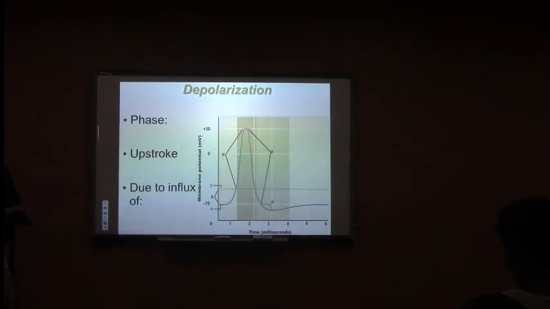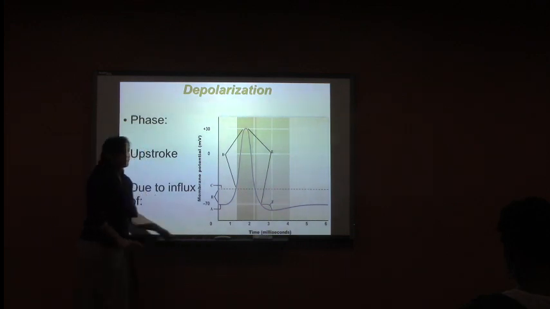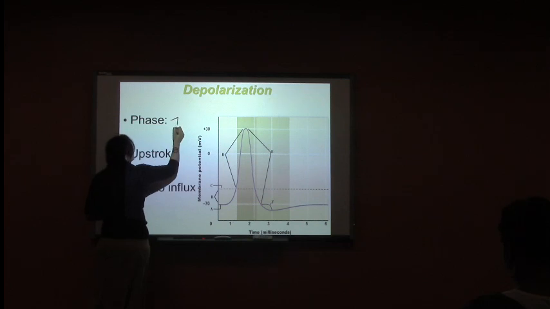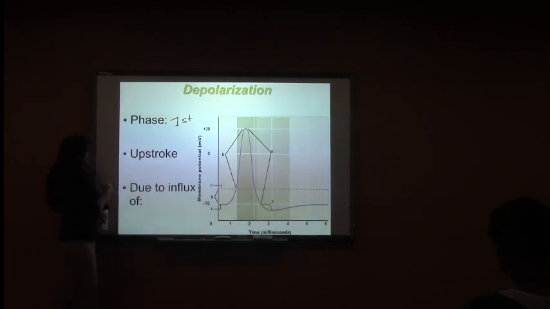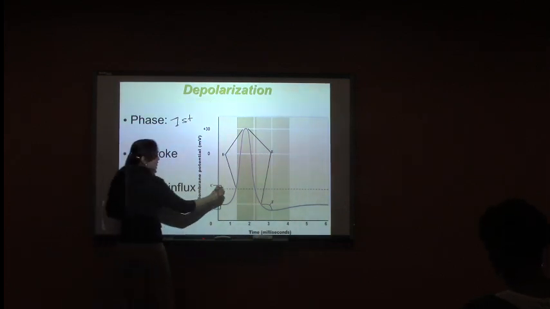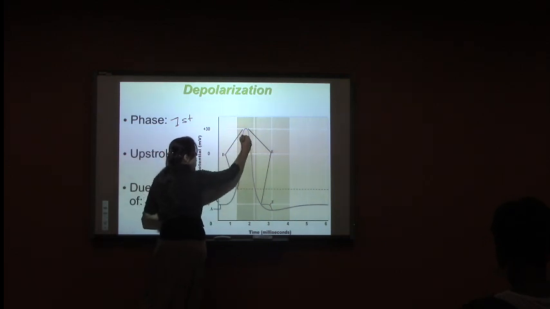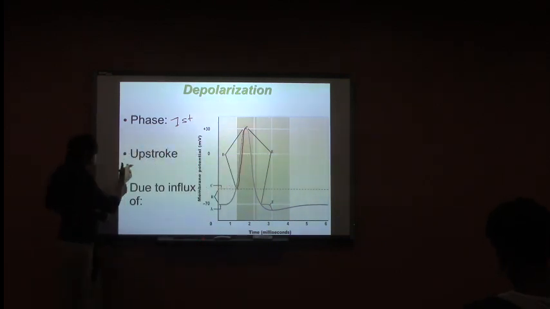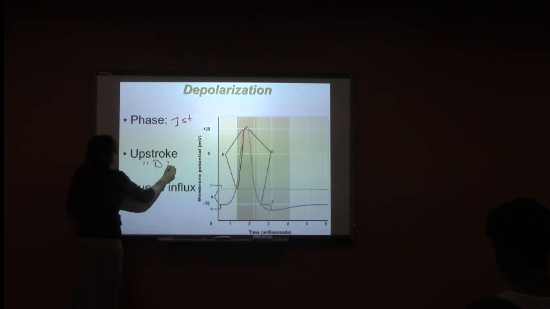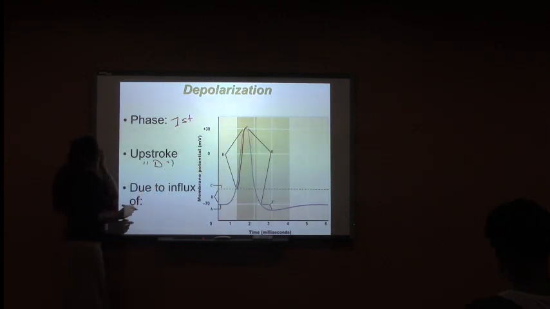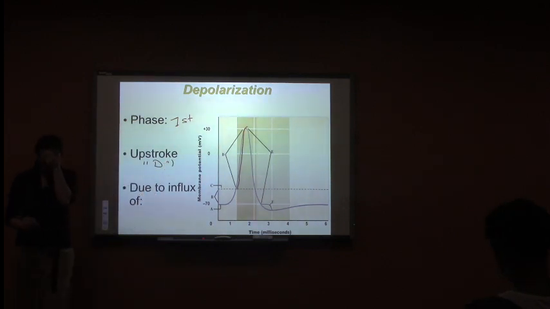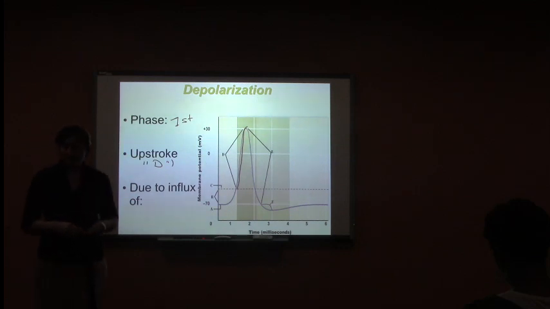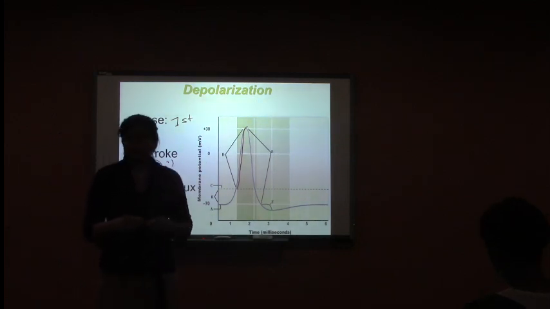Now, depolarization. It's the first phase. It's the upstroke. As you can see, this is the upstroke. So it's D. Depolarization is the first phase of action potential, and in the image, it's the upstroke.